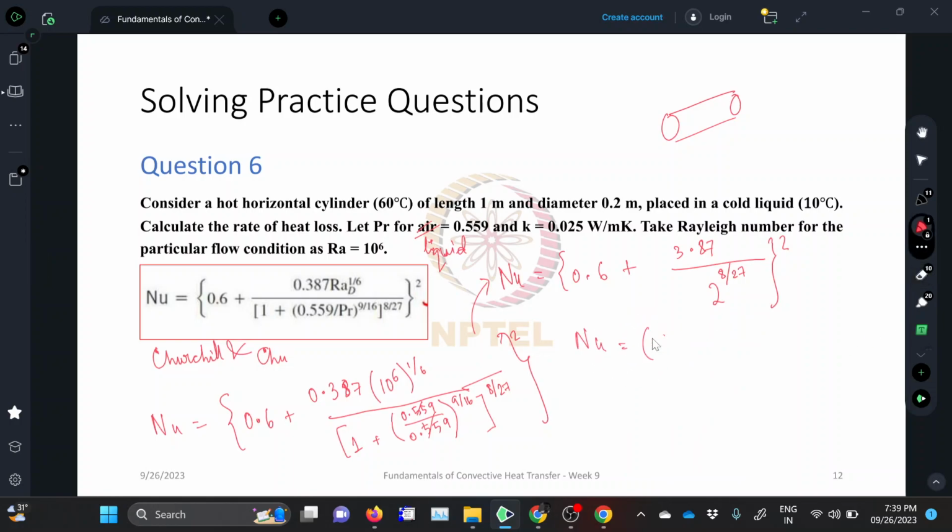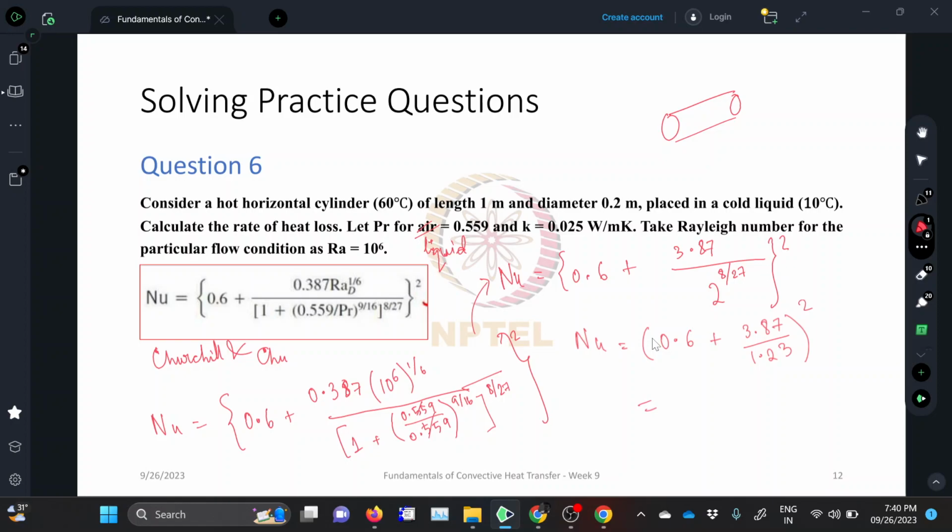So in the next step, this becomes 0.6 plus 3.87 divided by 1.23, let's say, and this thing squared.